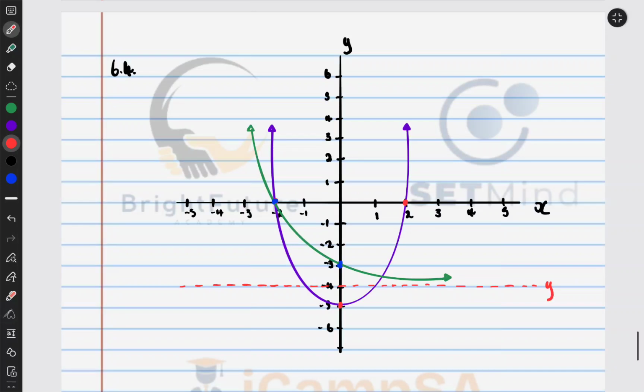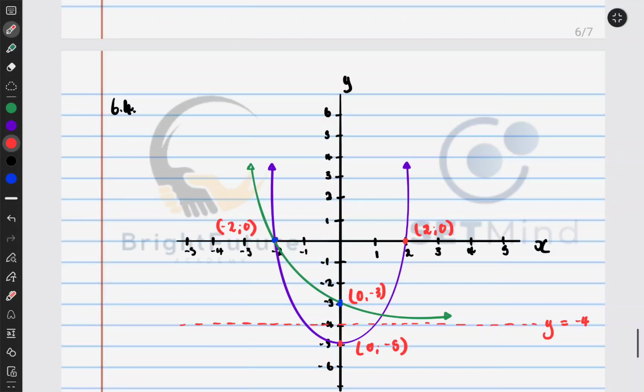So we have the asymptote where y is equal to -4, and then let's label the intercepts, the axes. We're going to have 0 and -5. That one is for the parabola, and here we have 2 and 0. They both cut through -2 and 0, and then the y-intercept of the exponential function is 0 and -3.